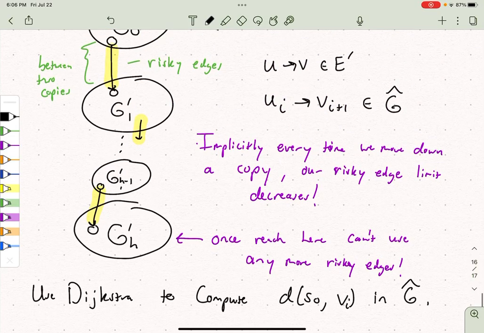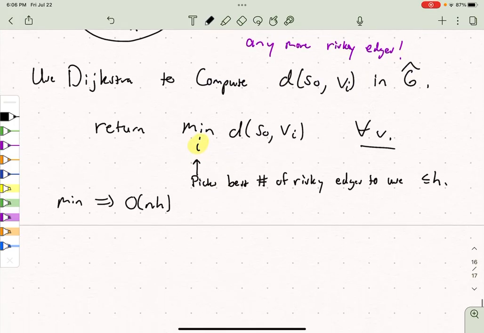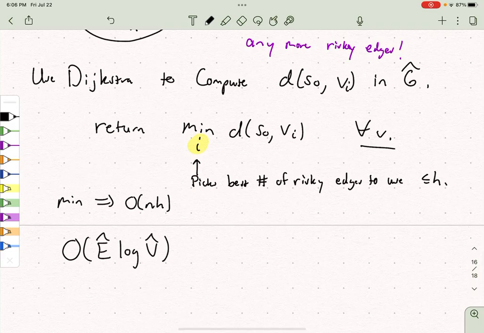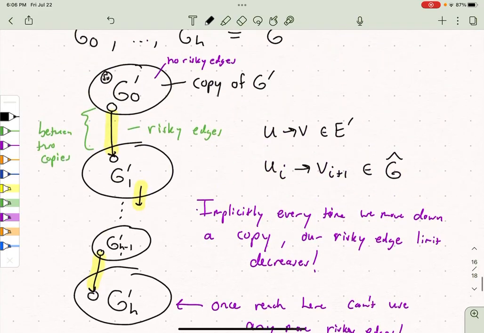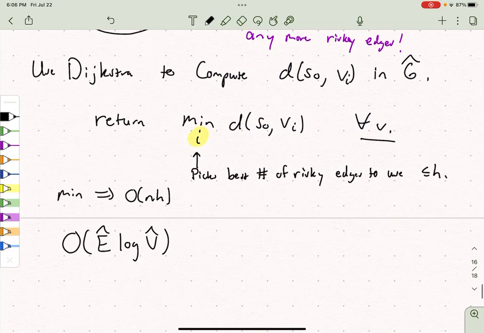And then the overall Dijkstra part is going to be O of E hat log V hat. But how big are E hat and V hat? Well, there's roughly H times everything in this graph. So this is going to be O of H E log HN.